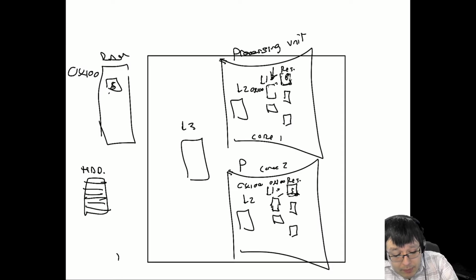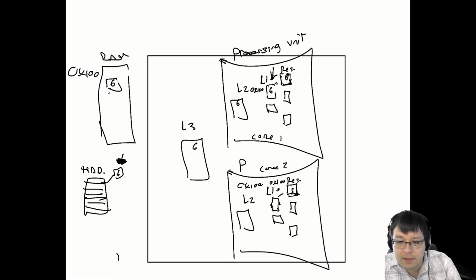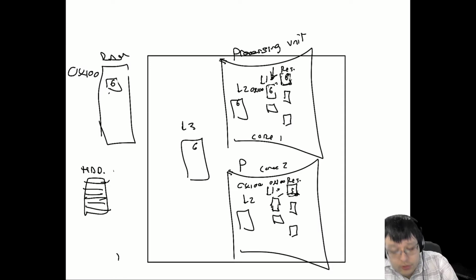It has to be propagated to the entire system. So L1, L2, L3, and then RAM, and potentially hard drive. But again, that one is different, because sometimes you don't actually even update that, okay? That's why if you turn off your computer in the middle of processing, you might lose information, okay?